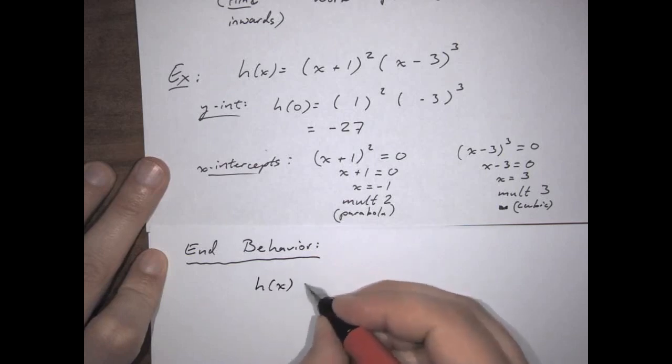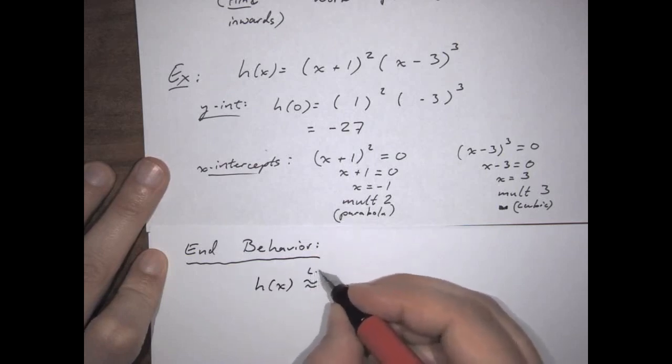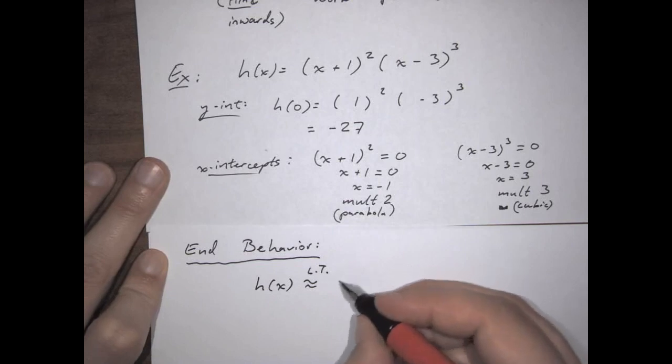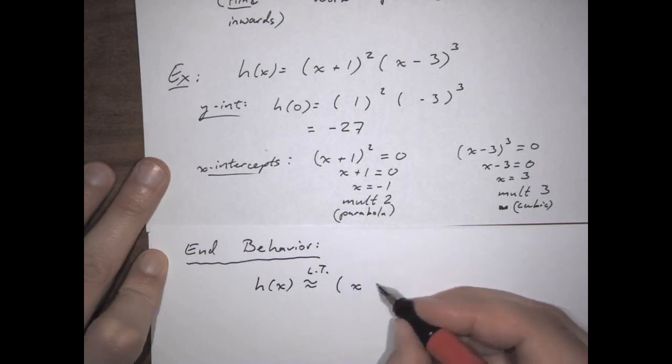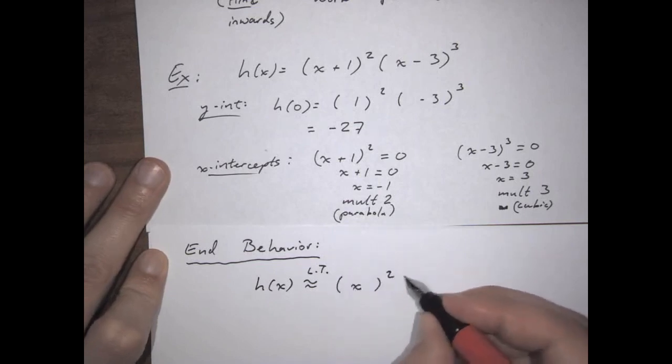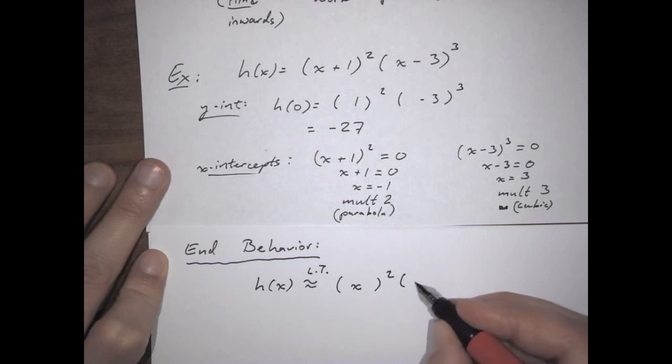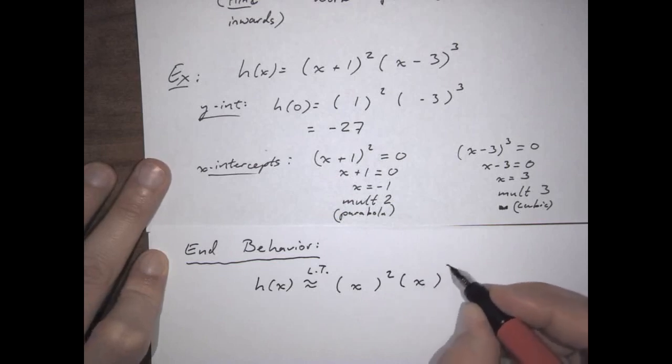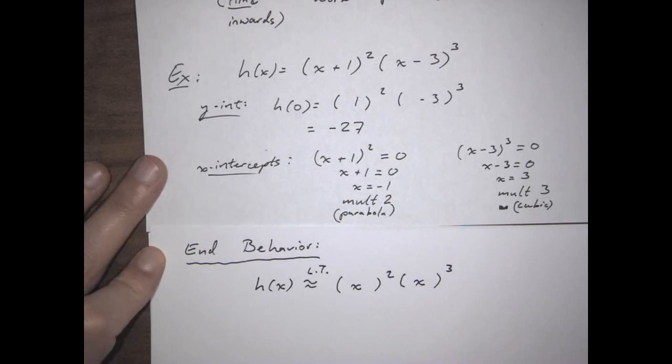h of x is going to be approximately equal to, in its leading term, and here you can just discretely forget about all of the lesser degree terms within each factor, just as we said in the previous section.